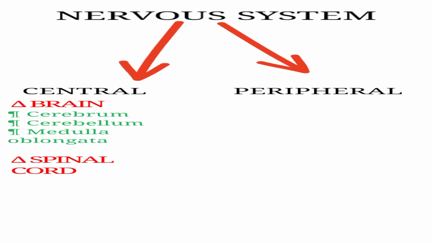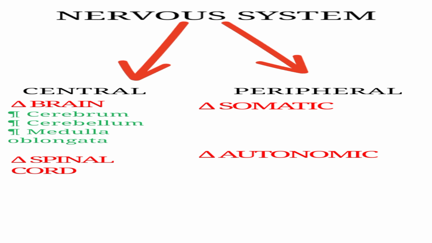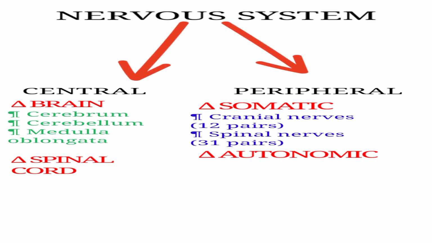Next, talking about the peripheral nervous system, it includes all the other nerves in our body, not any specific organ as such. The peripheral nervous system is also divided into two categories: the somatic nervous system and the autonomic nervous system. The somatic nervous system in turn consists of two different types of nerves: cranial nerves, which are 12 in number, and spinal nerves, which are 31 in number, 31 pairs and 12 pairs.